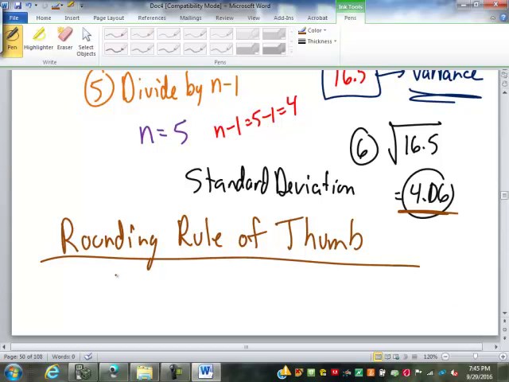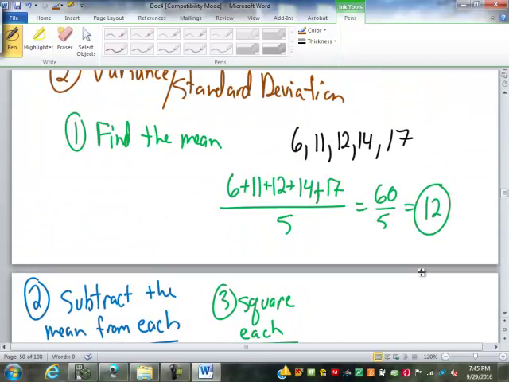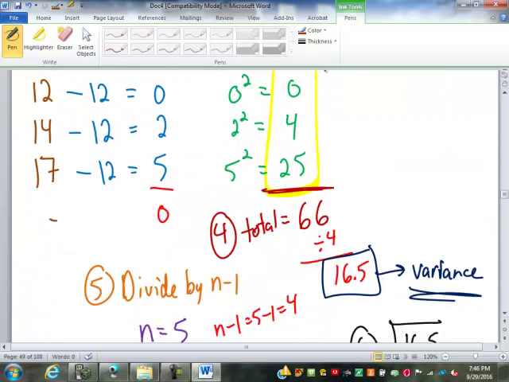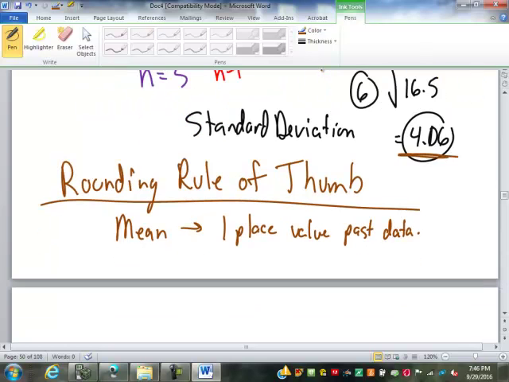Rounding rule of thumb. For the mean, one place value past the data. So for this data set, these numbers were to the nearest one, right? So the mean can be rounded to the nearest tenth, one decimal place. We didn't have to round in that case, so we did.